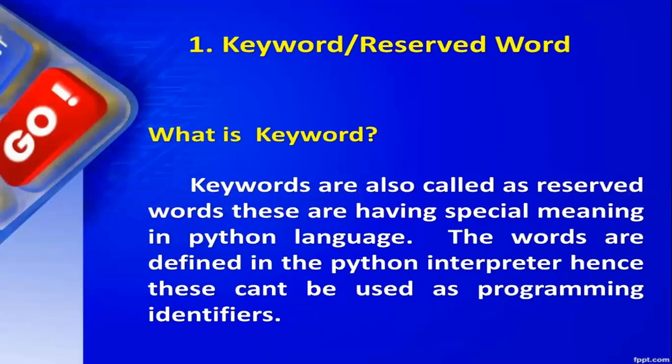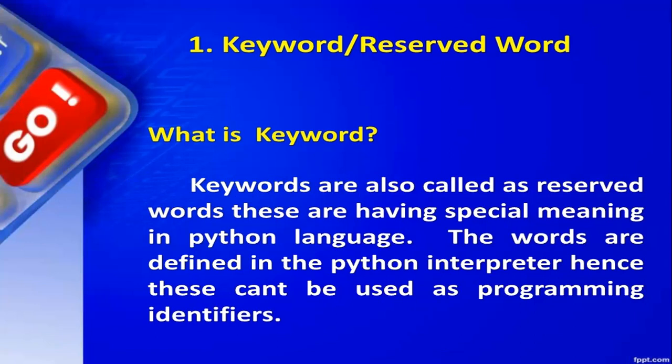The first one is keyword or a reserved word. Keywords are also called reserved words, and these have special meaning in Python language. The words are defined in the Python interpreter, hence these can't be used as programming identifiers. Basically, these are the reserved words of Python and they have a special or a fixed meaning attached to them, and these meanings are understood by the interpreter.